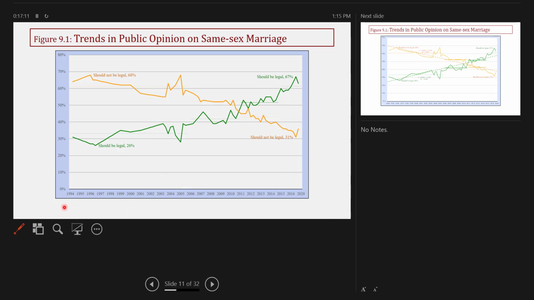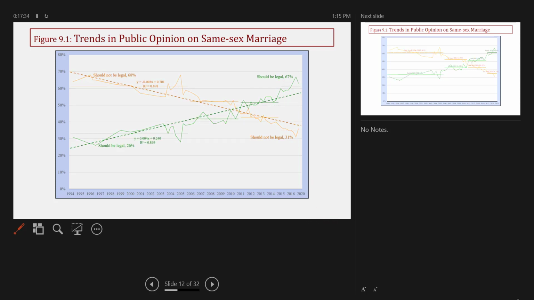I know this sounds like a relatively long period of time, but it's not as long as that stability on abortion. And so notice that we've gone from a situation in the 90s and 2000s where 2/3 of Americans were opposed to same-sex marriage to a situation in recent years where 2/3 think it should be supported. And you can see the lack of stability here.